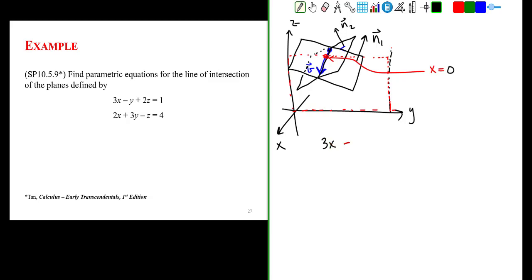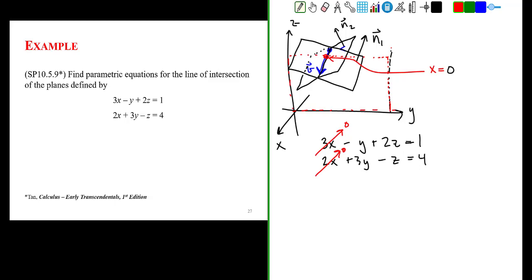We have 3x minus y plus 2z equals 1, and we have 2x plus 3y minus z is equal to 4. We are saying let's look at x equals 0. So in looking at x equals 0, these terms will go away.